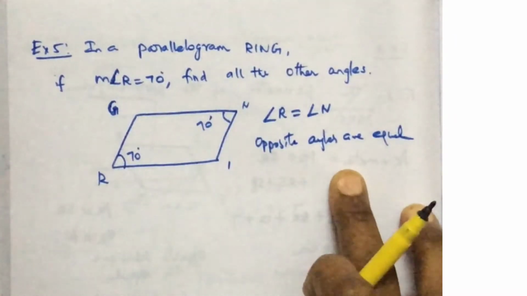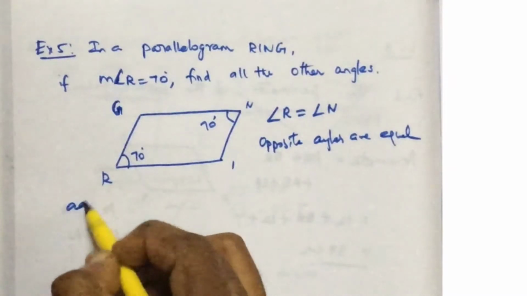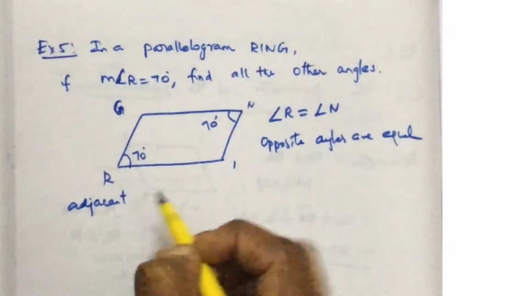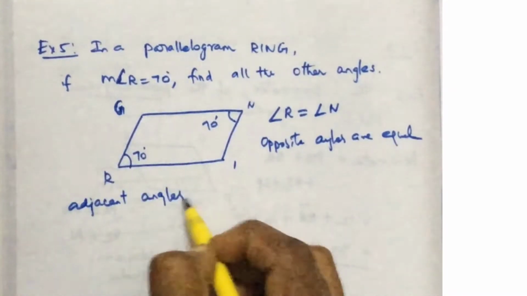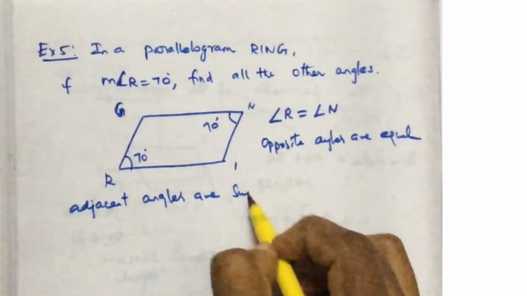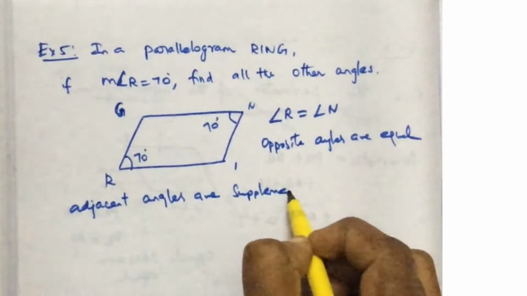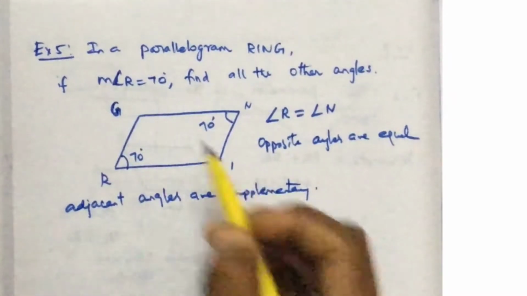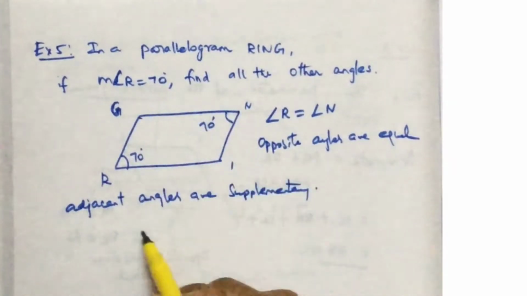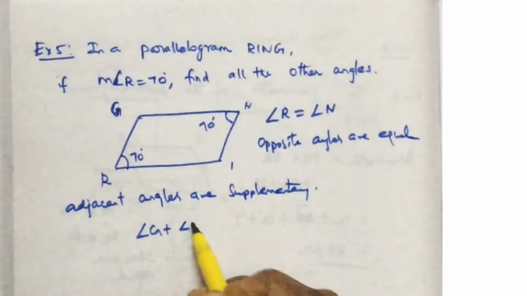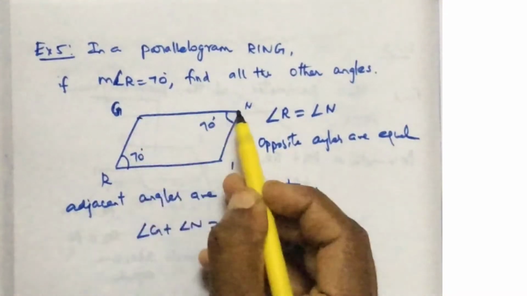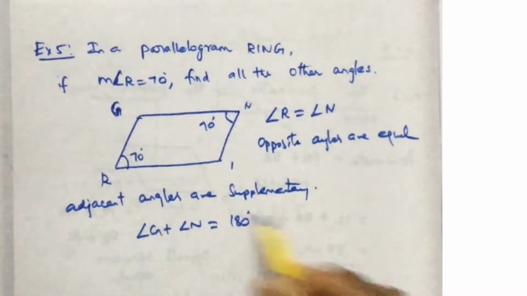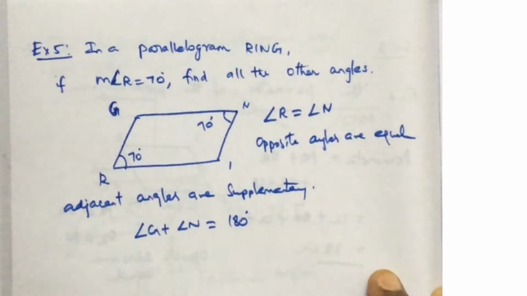Another thing is, adjacent angles are supplementary. What does it mean? If I add these two angles, angle G plus angle N, I should get 180 degrees.